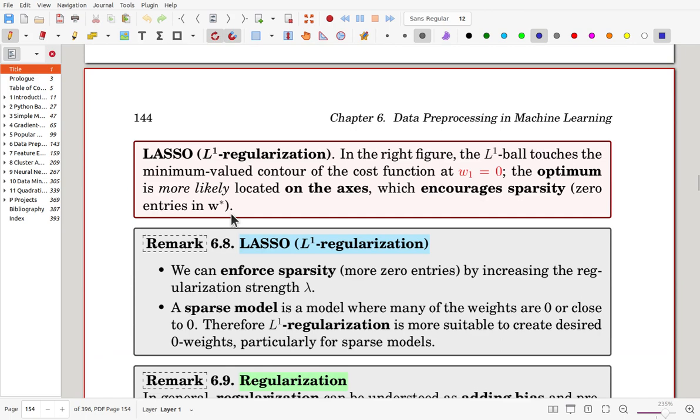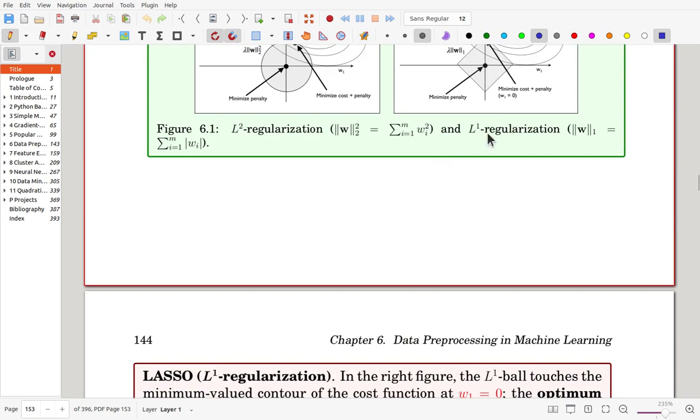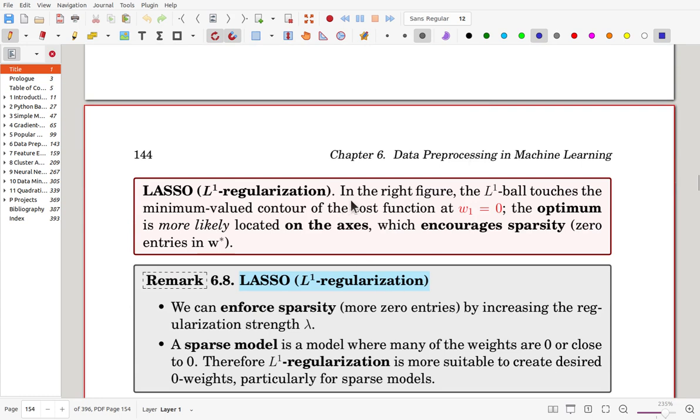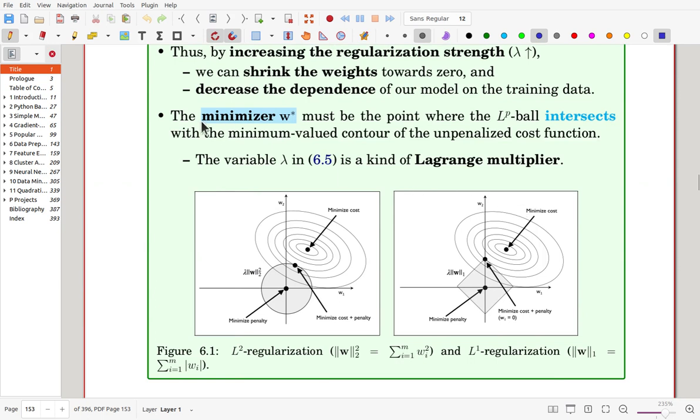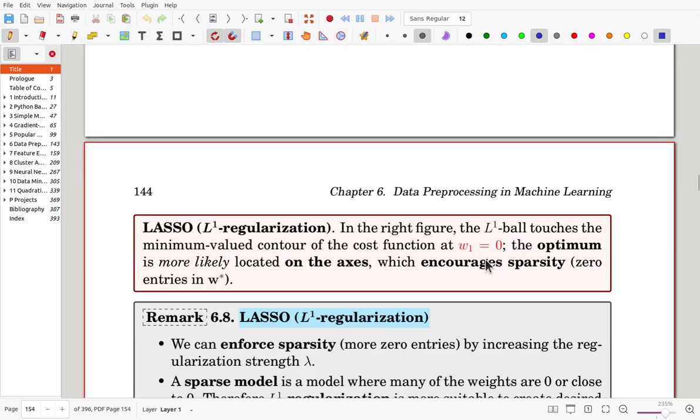Here, LASSO, the right side, is L1 regularization. In the right figure, the L1 ball touches the minimum valued contour of the cost function at W1 equals 0, which means that the optimal solution, minimizer W hat, will have a 0 first component. W1 must be 0. Right?